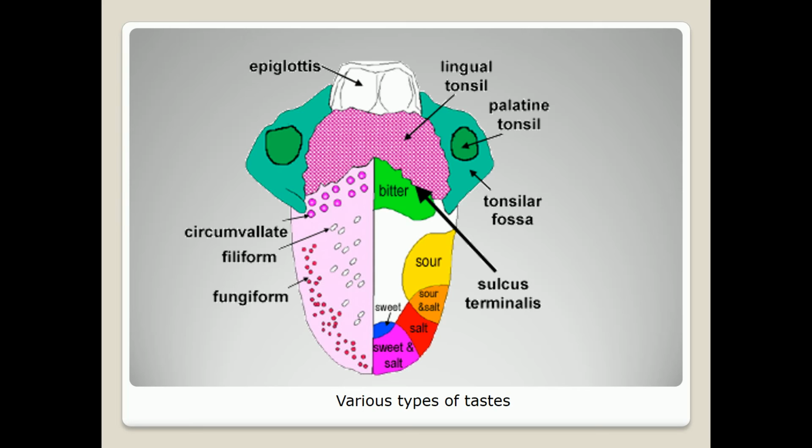The extrinsic muscles originate from bone and extend the tongue, that is, the genioglossus and hypoglossus.